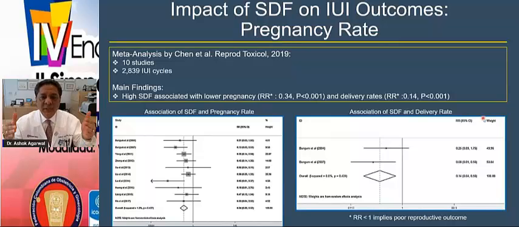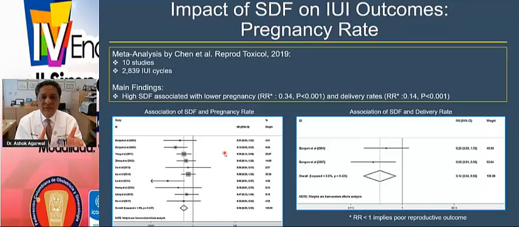And then we studied the impact of sperm DNA fragmentation on intrauterine insemination outcome and pregnancy rate. This is a meta-analysis which looked at 10 studies and almost 3,000 IUI cycles. The main finding here is that high sperm DNA fragmentation is associated with lower pregnancy rate.